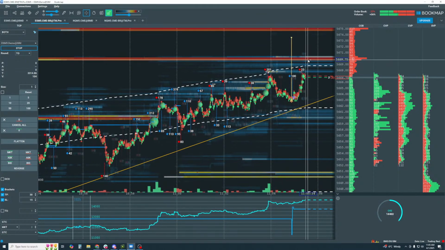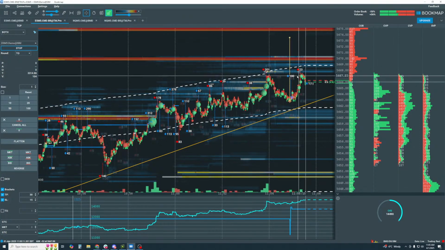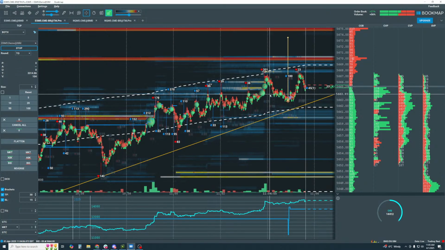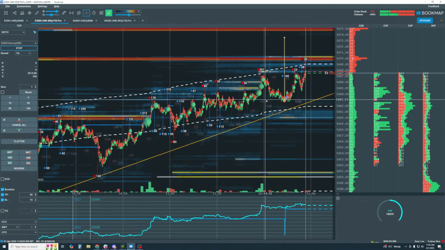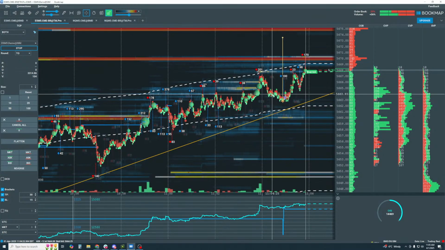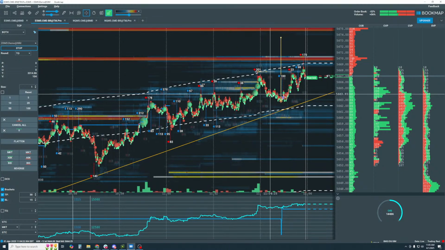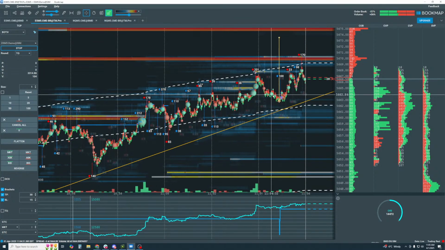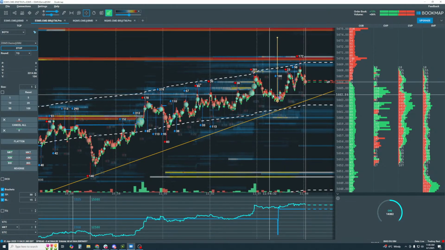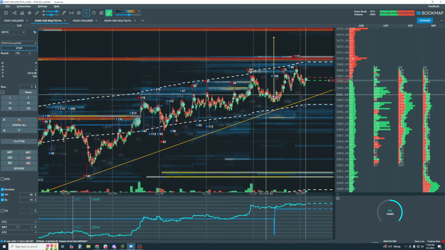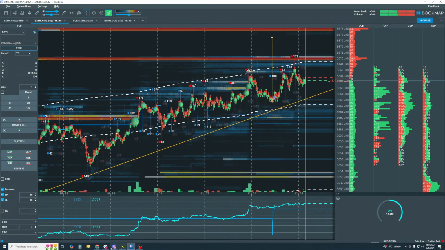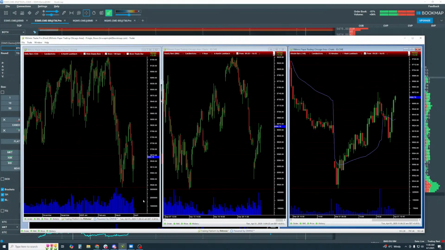They want that high of the day, or to retest yesterday's high. So anyway, this made a higher low here.